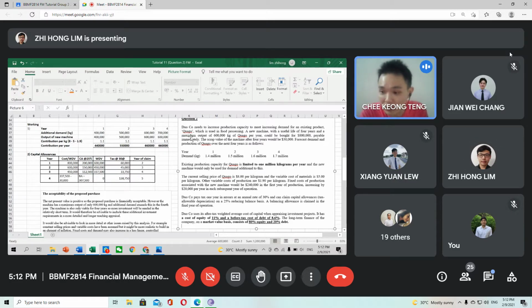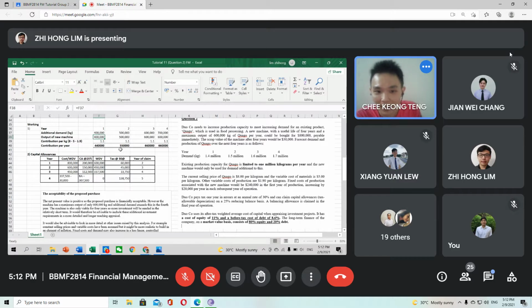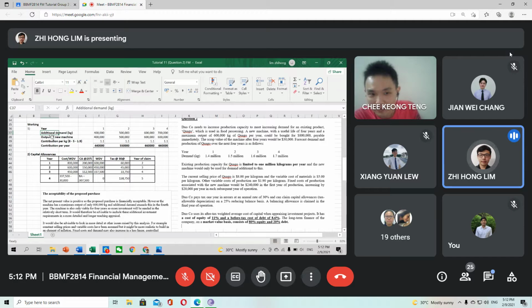Okay, and from there, Zihong, can you tell me why in year 1 you only record 400,000, not 1.4 million? Any idea on that? Is it for the output of the new machine or the additional demand?